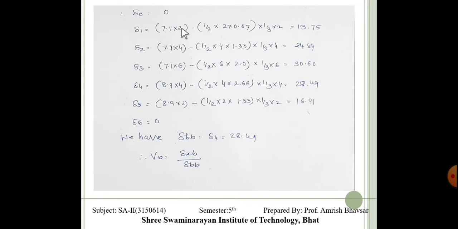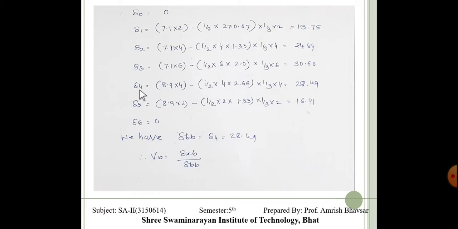Here we are finding the ordinates at 2-meter intervals, so we can find the delta for the different positions.